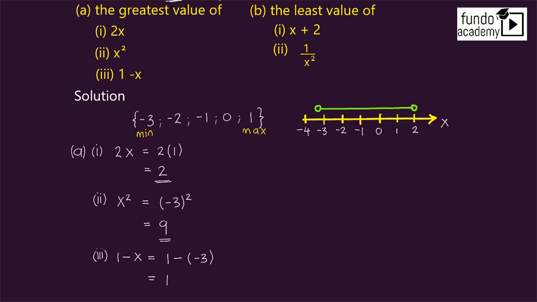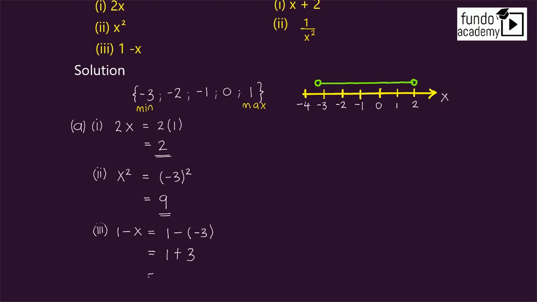So this becomes 1 plus 3, and that will be equal to 4. So that is the greatest value of 1 minus x.